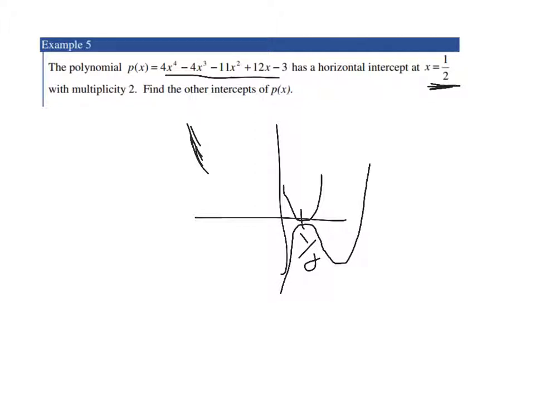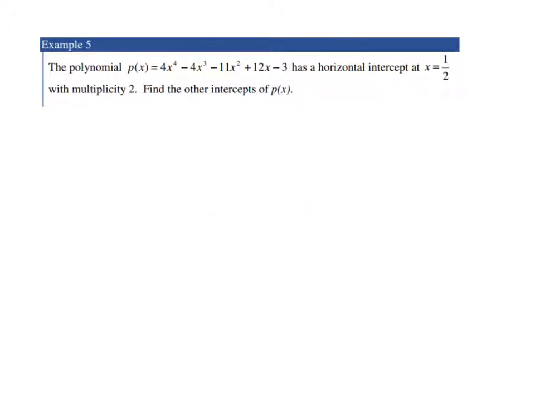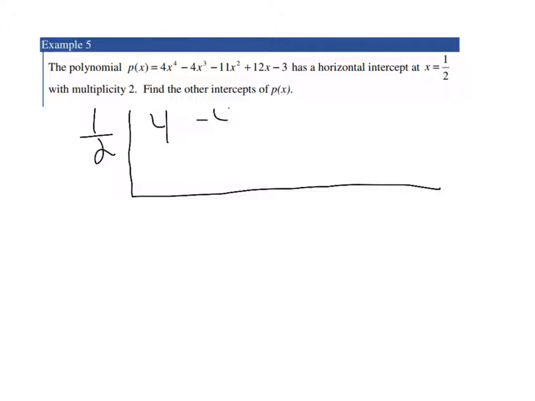So let's delete this writing and run some synthetic division with this. I'm going to put 1/2 through. So 4, -4, I'm not missing any powers of x, am I? Minus 3. I'm going to bring down the 4, multiply, get 2, because 1/2 times 4 is 2.